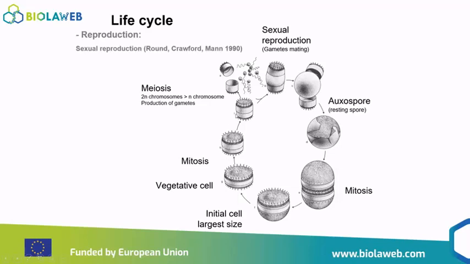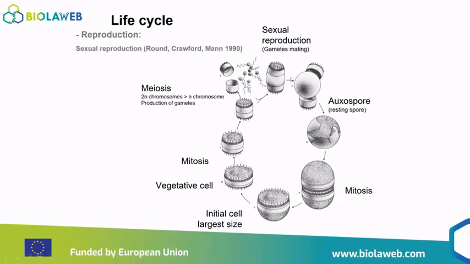So you can see here there is a cell size reduction. And if at one moment the environment is stressful, this cell will go into meiosis. So from 2N chromosomes, it will produce some gametes with N chromosomes. That's what is symbolized here. And these gametes will mate with each other. So that's what we call sexual reproduction.